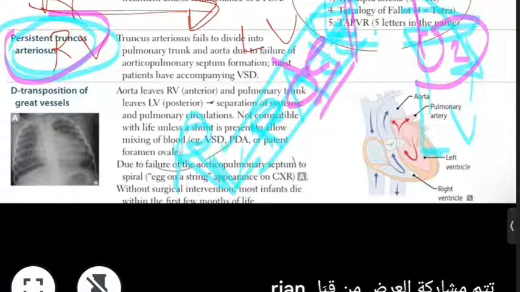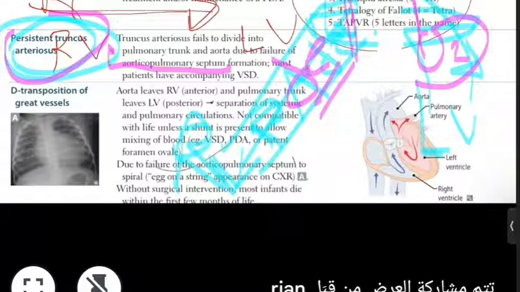So the truncus arteriosus fails to divide into the pulmonary trunk, which is the pulmonary artery, and the aorta, due to failure of aorticopulmonary septum formation. We talked about the aorticopulmonary septum in the embryology part. The aorticopulmonary septum should divide the blood vessel into aorta and pulmonary artery.